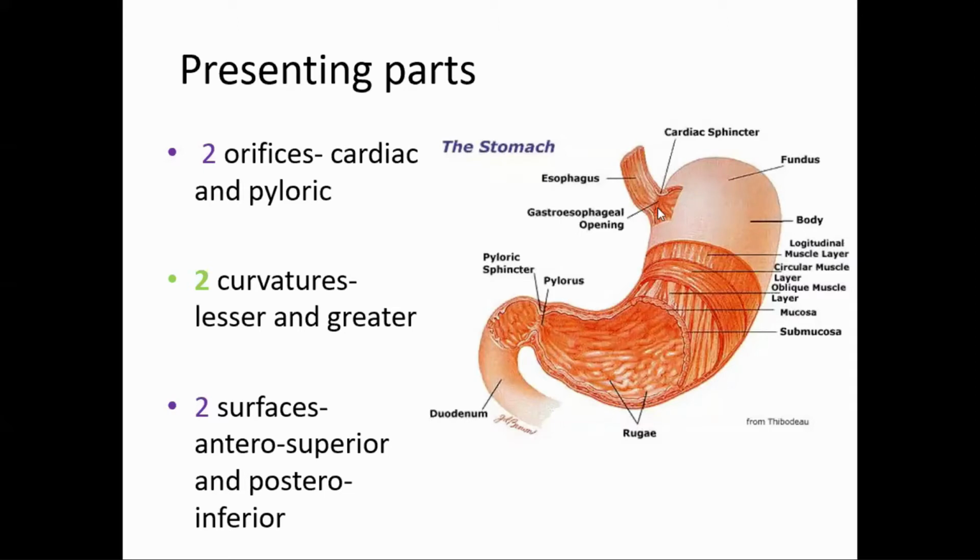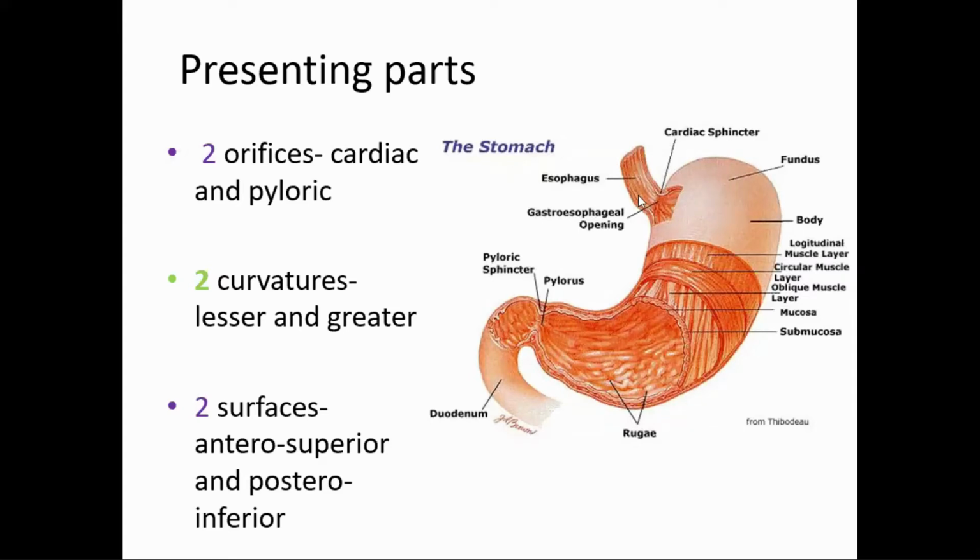The surface anatomy of the cardiac orifice is 2.5 centimeters to the left of the median plane. So draw a point 2.5 centimeters away from the median plane on the left side.